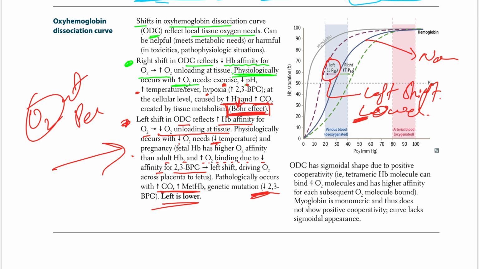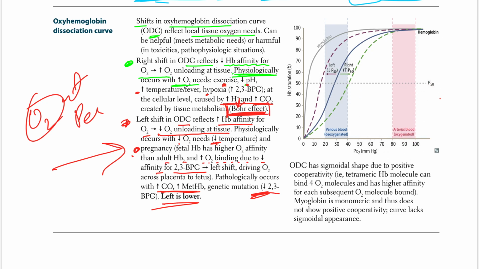Except these, everything is decreased. So left is lower. One more extra thing is pregnancy, so pregnancy is also left. And what is right? Right is everything is higher. If left is lower, then in right everything is going to be higher. And these are all the factors physiologically increasing O2 needs.